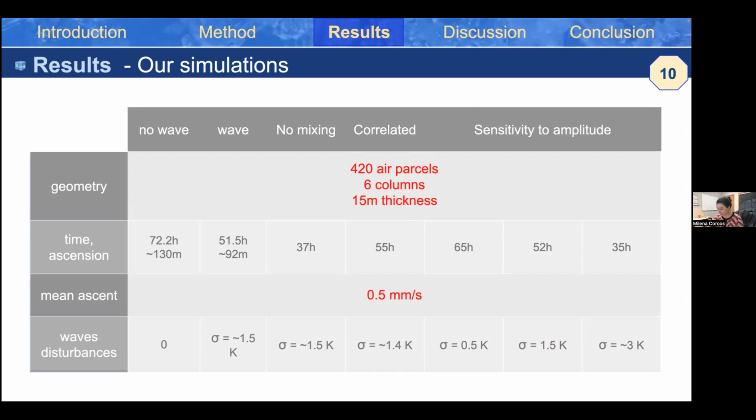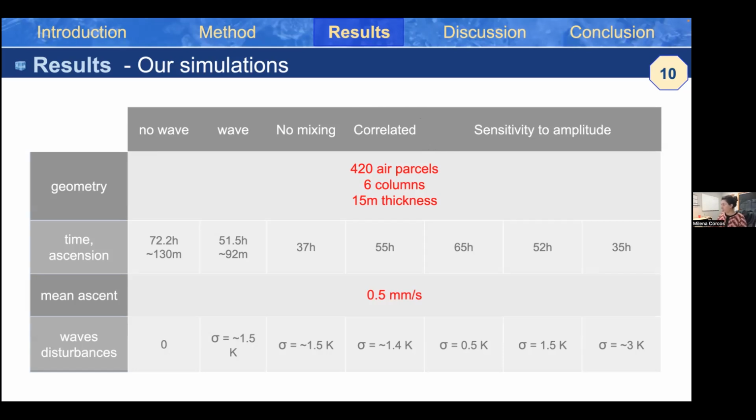And the second thing is that, except for the simulation that tests the correlation of the perturbations in the domain, all the simulations that take into account the waves basically randomly pick samples of the observed time series of these temperature perturbations for each one of the air parcels. And so that tends to maximize the effect of the gravity waves by adding even more randomness in these perturbations.